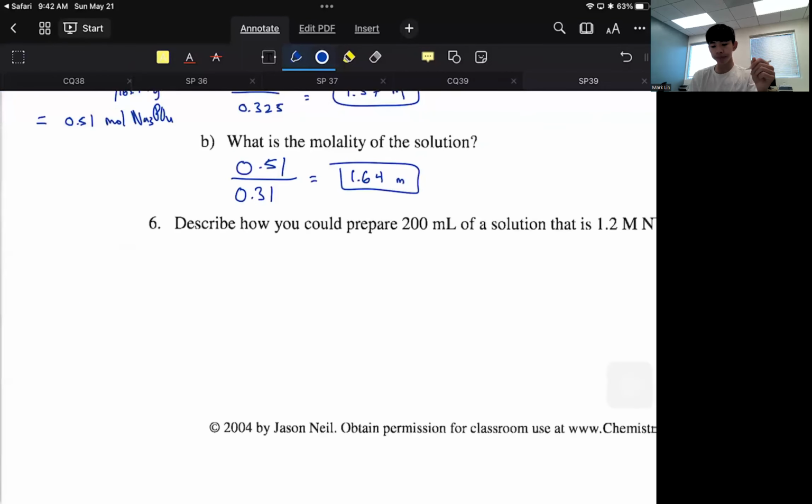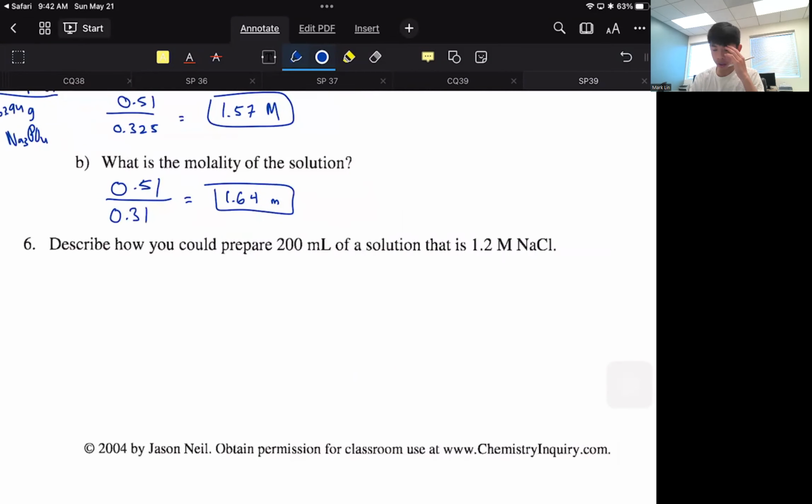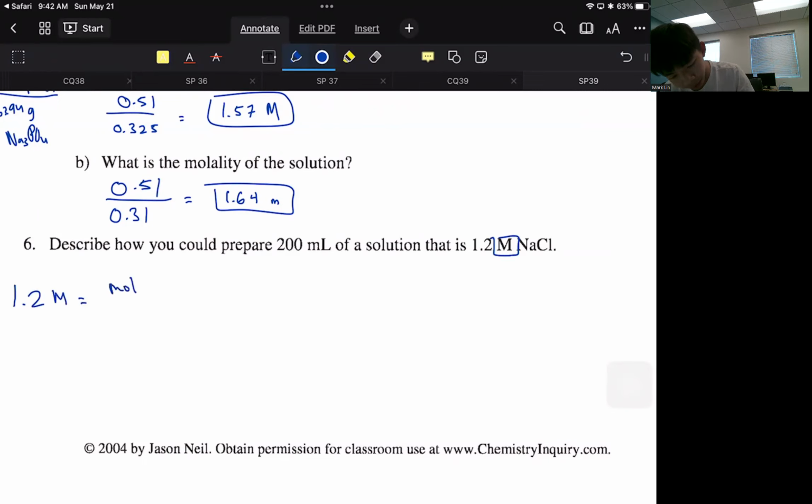All right, number 6. Describe how you can prepare 200 milliliters of solution that is 1.2 molar NaCl. So molarity right here, we need to find the moles of solute. 1.2 molarity is moles of solute over liters of solution.